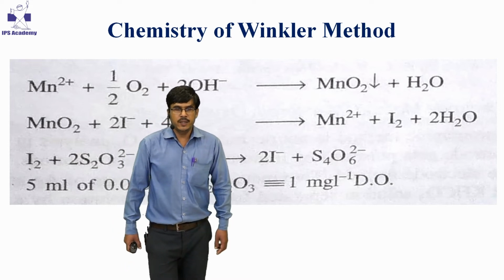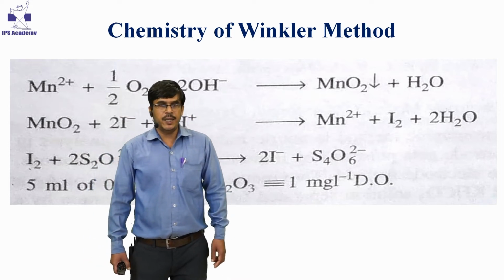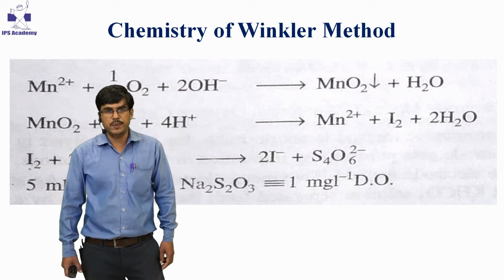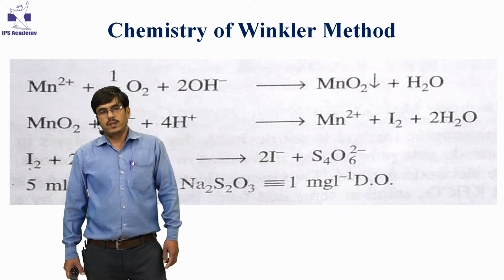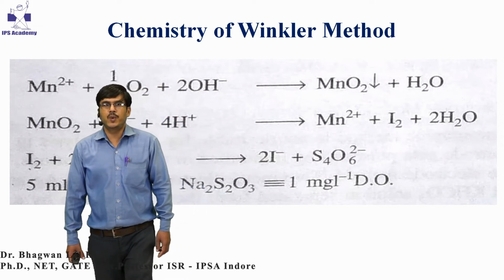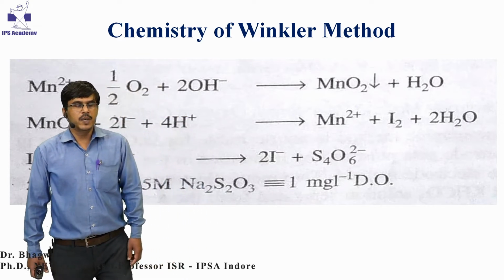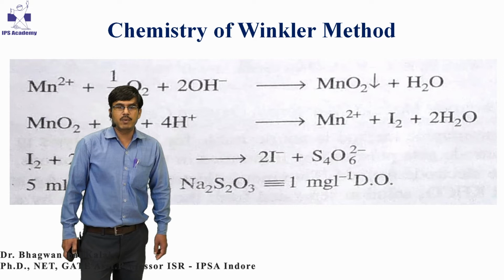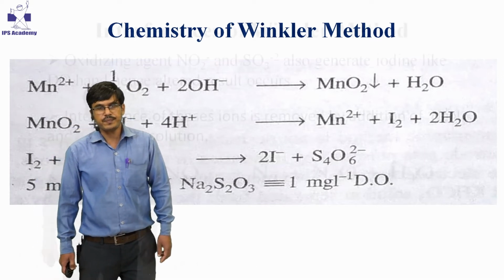This iodine we then determine by titrating the reaction mixture with hypo solution. In titration, 5 ml of 0.025 N hypo is equivalent to 1 milligram of dissolved oxygen.